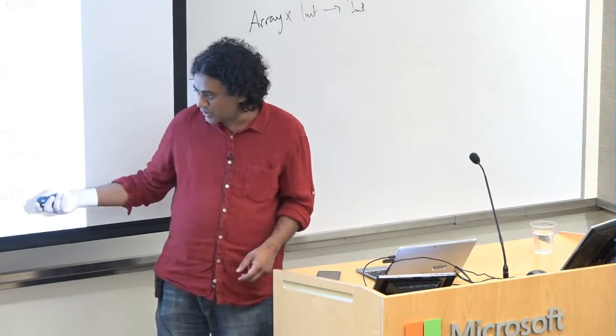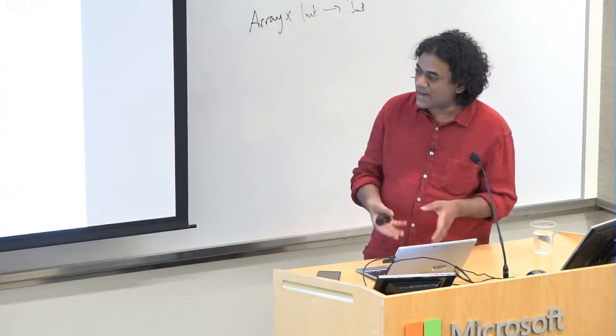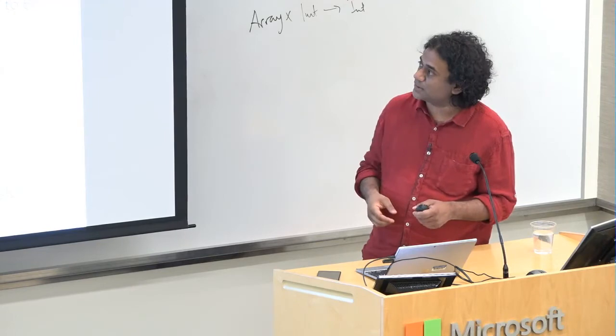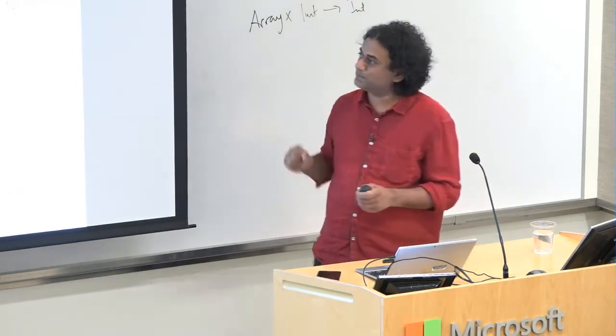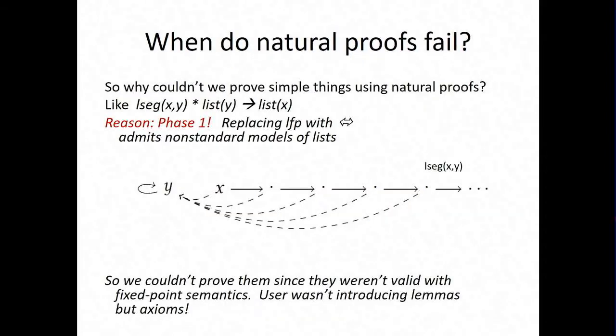So it's actually safe by the other condition as well. And so the term instantiation that we do for natural proofs in that work is actually complete, because it belongs to the safe fragment, provided you have replaced least fixed point with fixed point definitions. So this phase is actually complete, and there is a semantic gap introduced in phase 1.